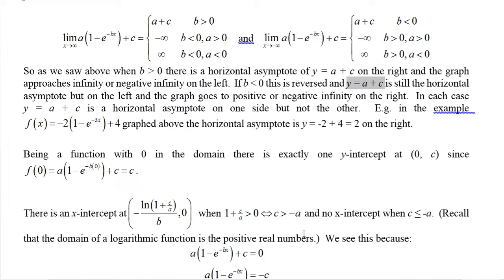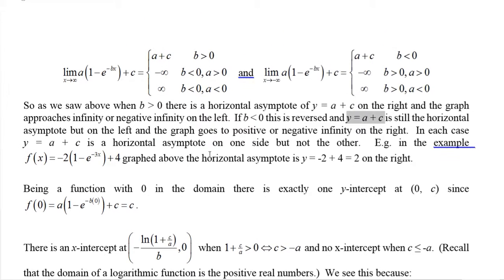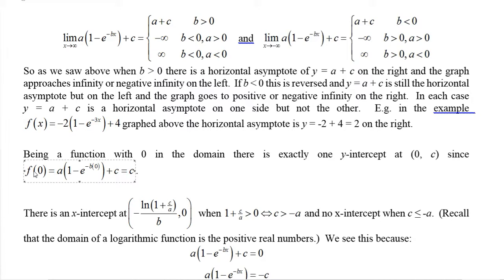Now this is a function, and 0 is in the domain, so it will have a y-intercept, and exactly one of those. And so notice all you have to do is evaluate f of 0, plug in 0 for x here. Well, negative b times 0 is 0. e to the 0 is 1, 1 minus 1 is 0, 0 times a is 0, and 0 plus c is ultimately c. So 0, c is your y-intercept in every case.